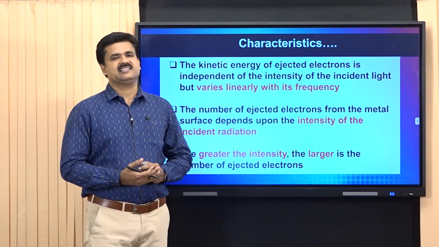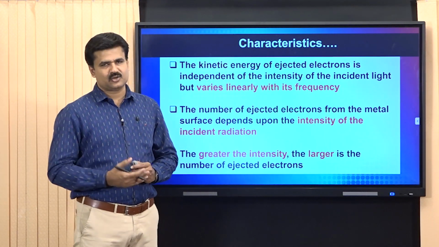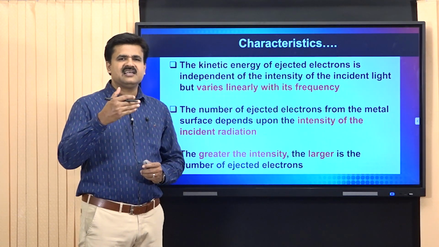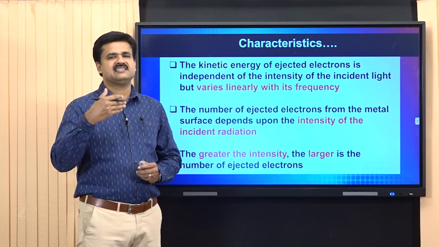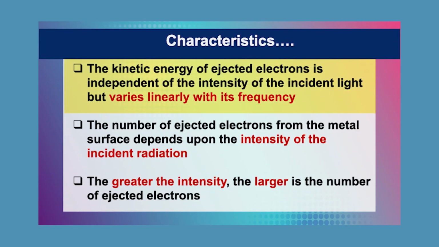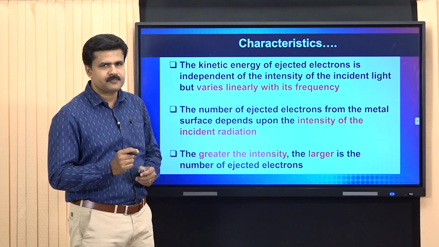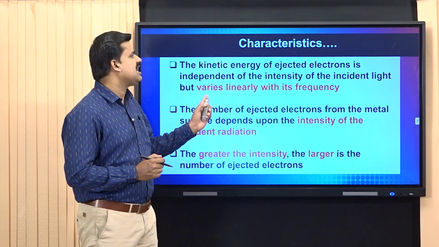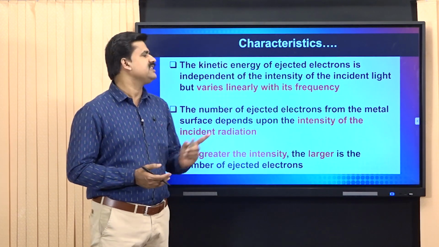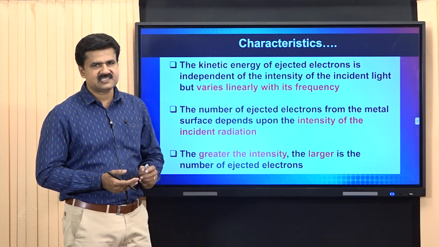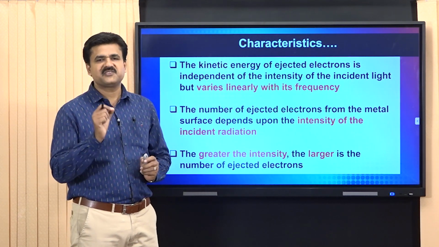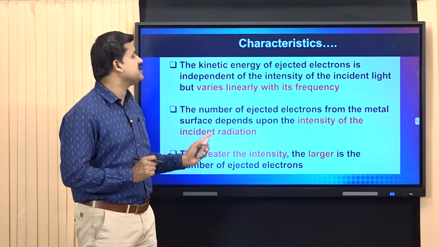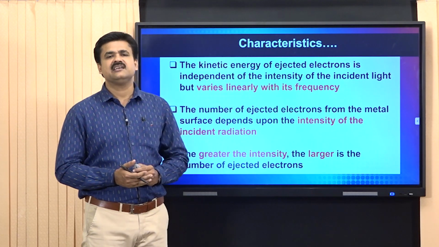The kinetic energy of the ejected electrons is independent of the intensity of the incident light. But the kinetic energy has a linear relationship with frequency. This means the kinetic energy of the photoelectrons is directly proportional to the incident frequency.